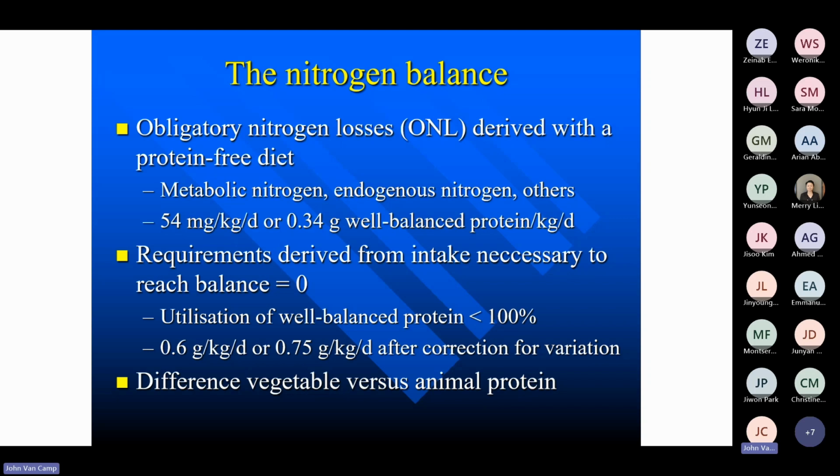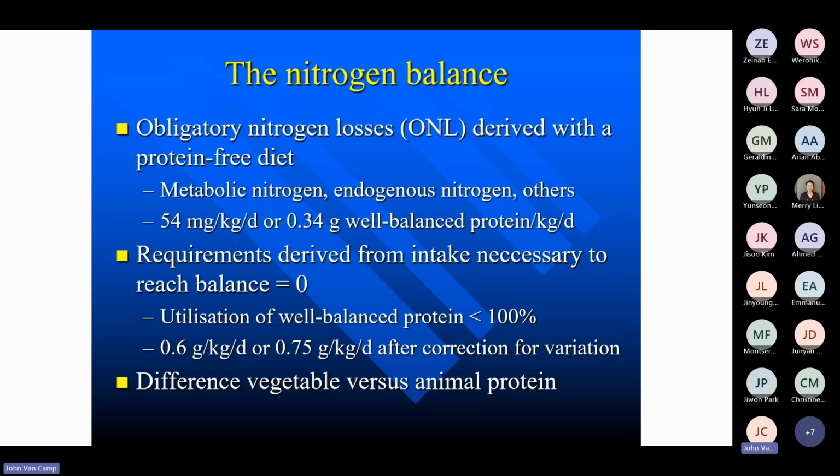And taking this utilization into account, I can go from 0.34 to 0.6 grams per kilogram body weight per day that I will need to normally get balance equal to 0. And if I want to correct for variation among people, the inter-individual variation, I go from 0.6 to 0.75.